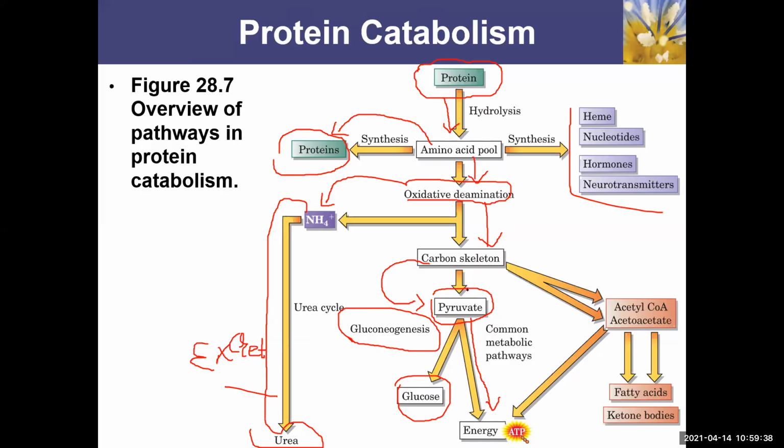Okay, but that is not all. We can also produce some amount of fatty acids from the proteins. How? This carbon skeleton can actually form the acetyl CoA, okay, which can form these ketone bodies, acetoacetate, right, and which can also form the fatty acid.